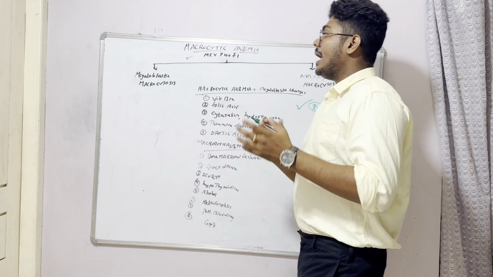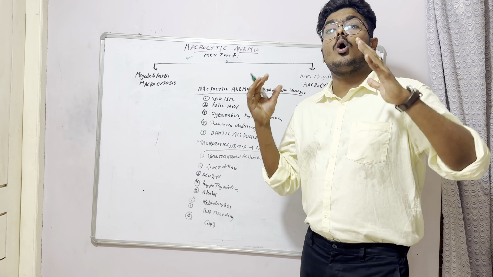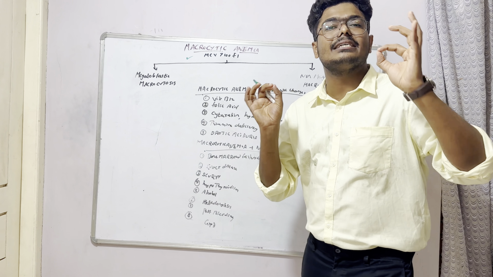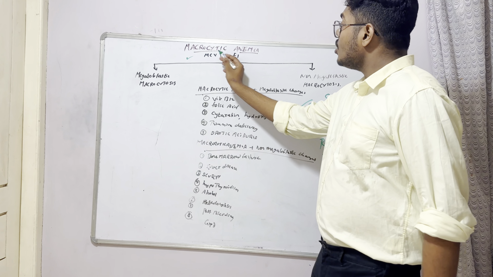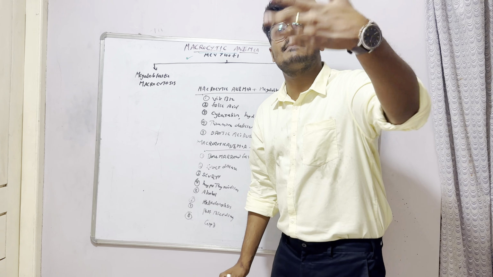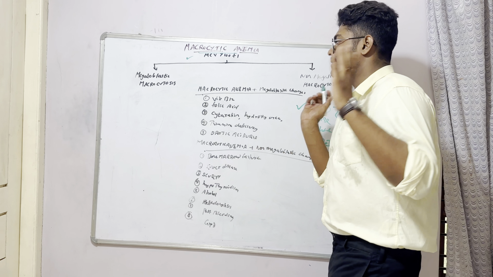Now, what I have to teach you here is that macrocytosis is not always megaloblastic anemia. Please keep this in mind. Macrocytic anemia is of two types: megaloblastic macrocytosis and non-megaloblastic macrocytosis.